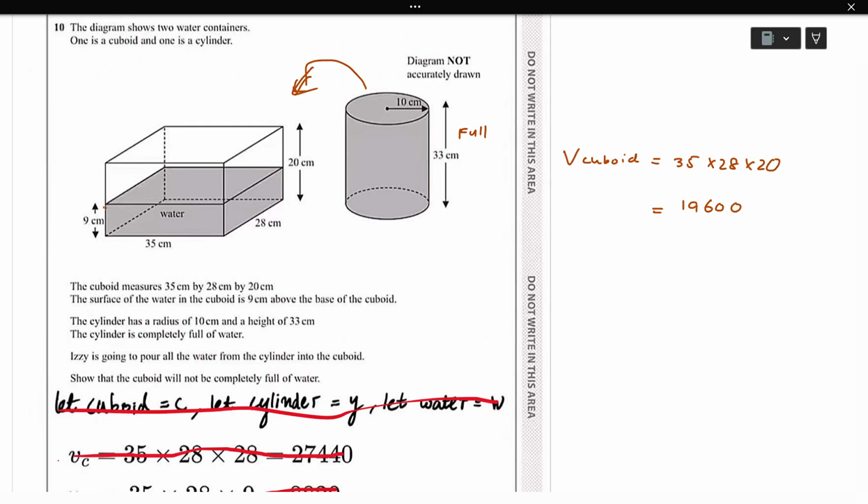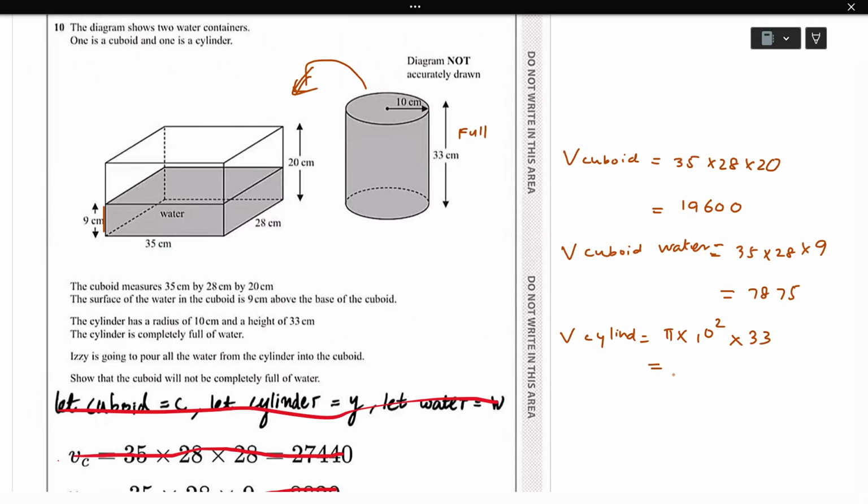The volume of the cuboid water equals 35 times 28 times, now the height is only 9 because the water level is only 9 centimeters. So we'll get 7875. Now I'll find the volume of the cylinder, which is pi r square h. So pi into radius 10 square and 33.